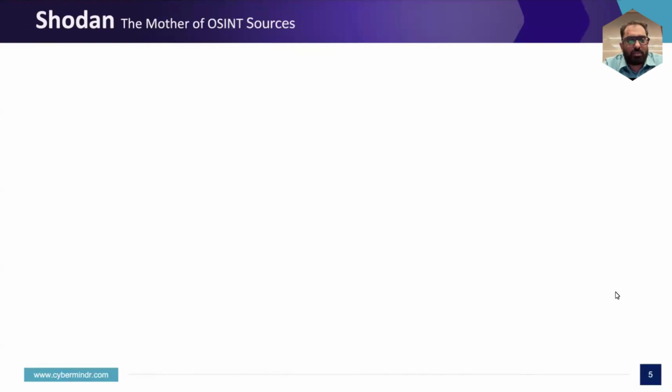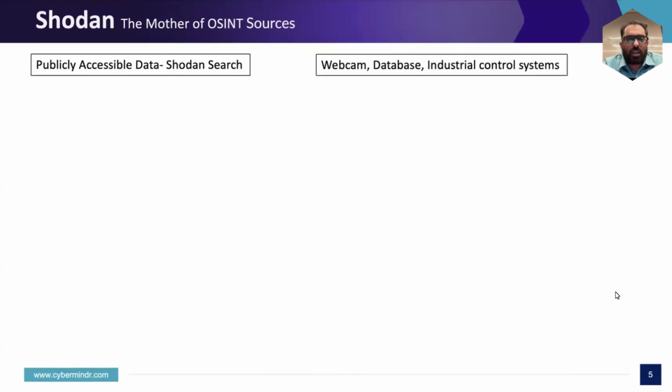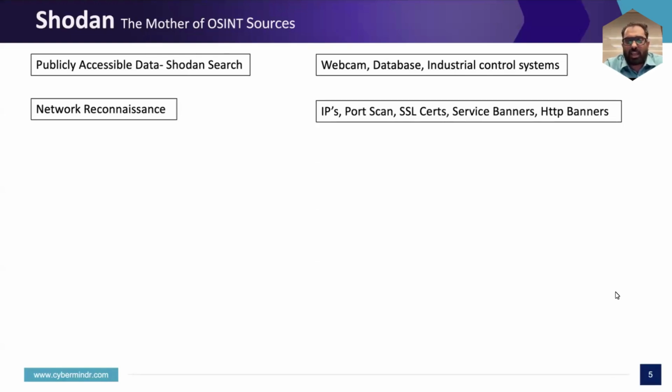Shodan is one of the mothers of OSINT sources. Shodan is a search engine that scans 24/7 at a set scan frequency, looking for open webcams, databases, industrial controllers, and any digital asset exposed to the internet. It is a scanner that scans the entire internet, collects the data along with timestamps, and even does network reconnaissance.